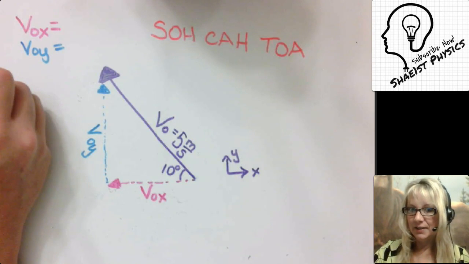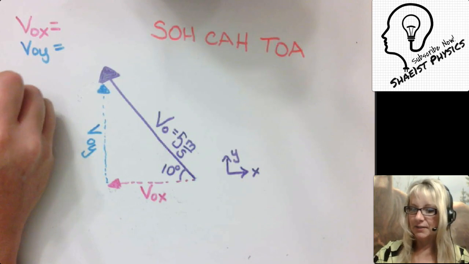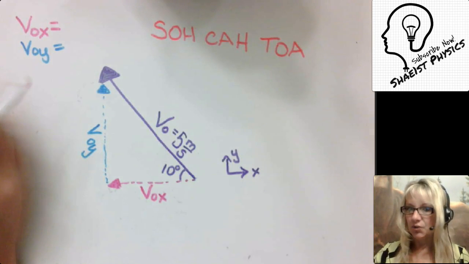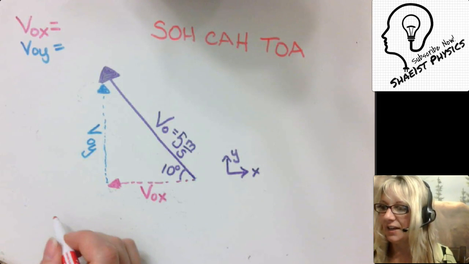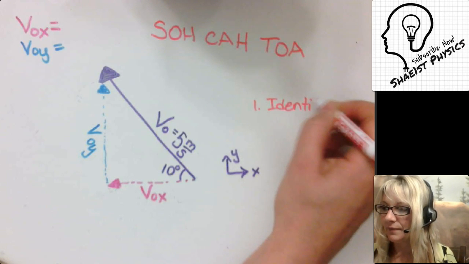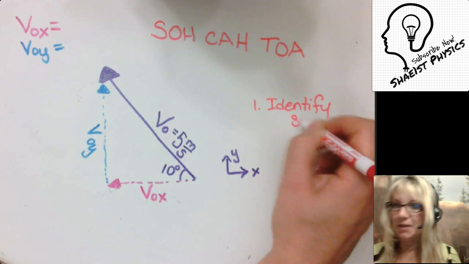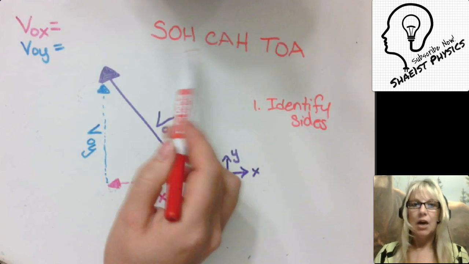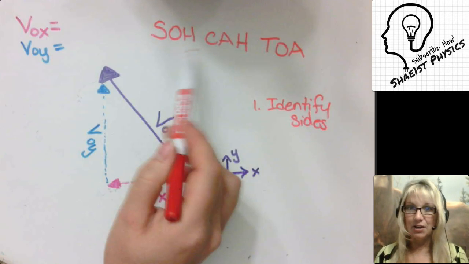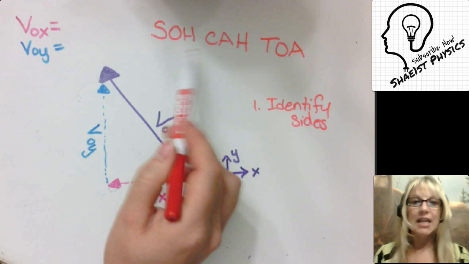Identify your sides. Okay, so step 1 is going to be identify your sides. And what I mean by that is we're talking about opposite, hypotenuse, adjacent. Let's identify them here. I think it's easiest to identify the hypotenuse.